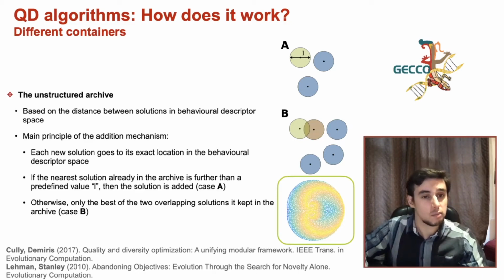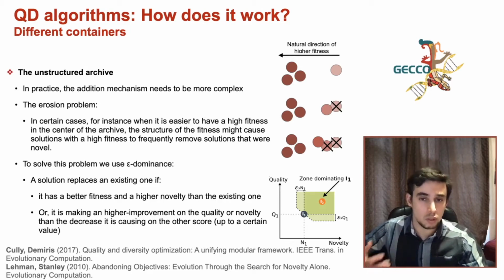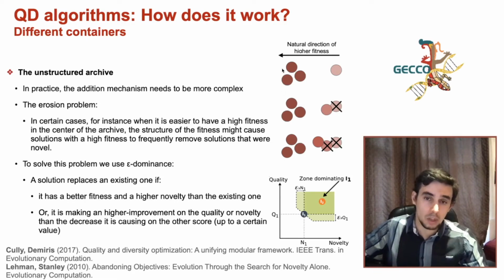So that's the main principle, but in practice it's slightly more complicated, because from some of our experiments we have noticed an erosion problem. In some cases we might have a specific structure of the fitness with respect to the behavioral descriptor space. For instance, in this portion of the behavior descriptor space we might have a higher fitness, and the more we go to the right, the lower the fitness.